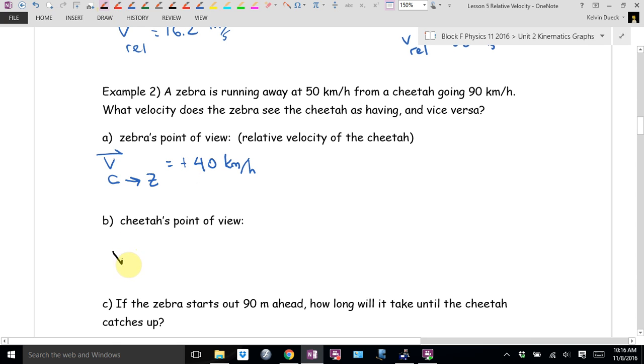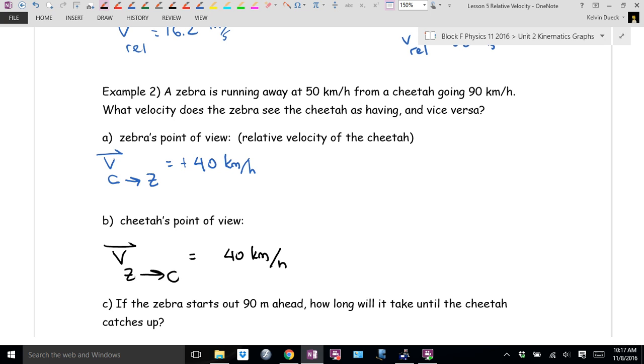What about the velocity of the zebra relative to the cheetah? I think the magnitude is still going to be 40. Except, what does the cheetah see?